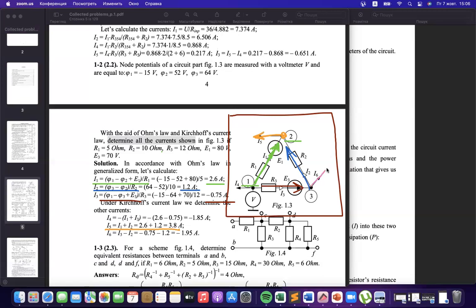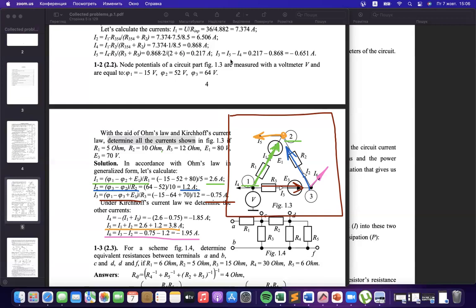Then the same you could use for current number 6. As you see, blue current minus red current will give you this pink current 6 as the value minus 1.95. That means the real direction is opposite, but mathematically for this direction, it will be a negative current.